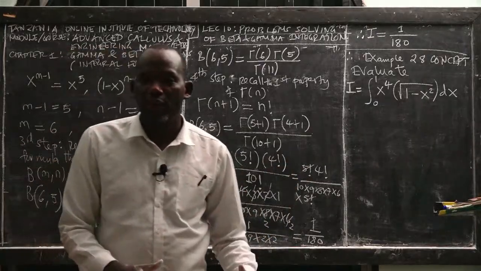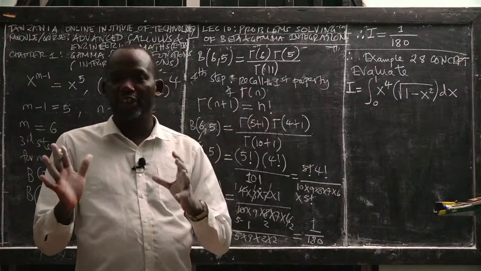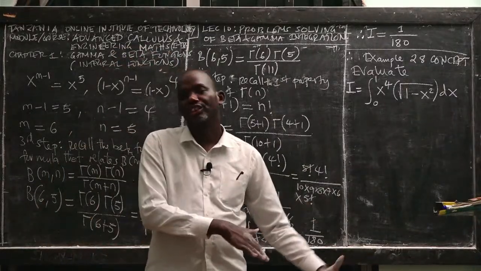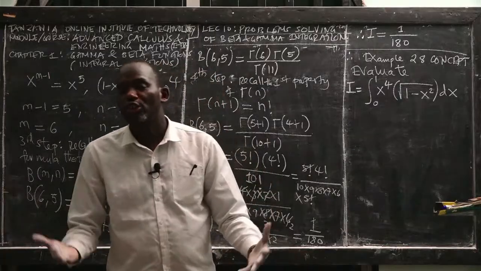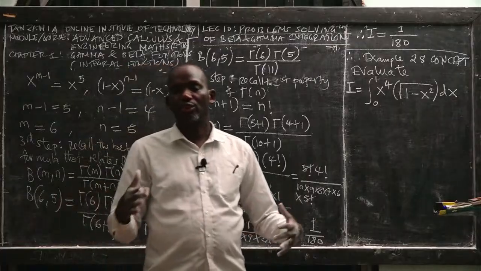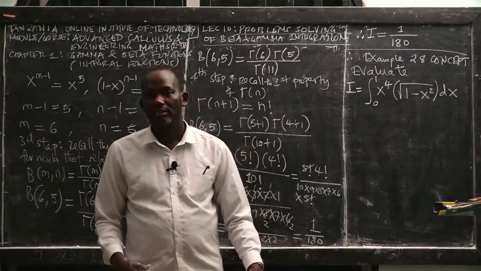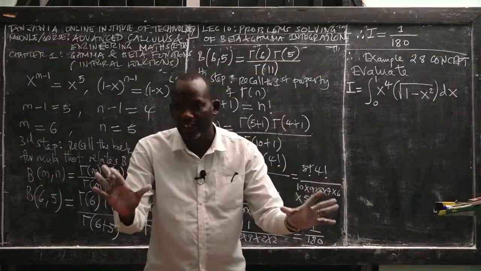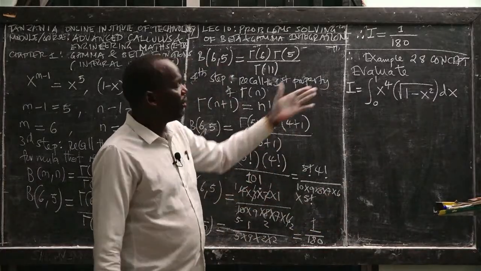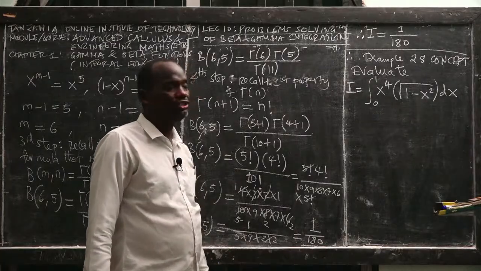If it is Cartesian form, you have to think on how you apply the Cartesian form of the beta function integral formula. And if it's trigonometrical form, you have to think on how you can apply the trigonometrical form beta function formula. Is it clear for you? So let me ask you the first question. Which form is that function?